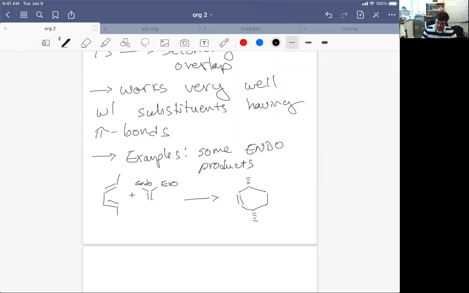We have methyl groups going down in this case. That just allows the exo and the endo to matter. I'm going to have my exo be a wedge and my endo be a dash. This follows the general stereochemical model with the endo rule.